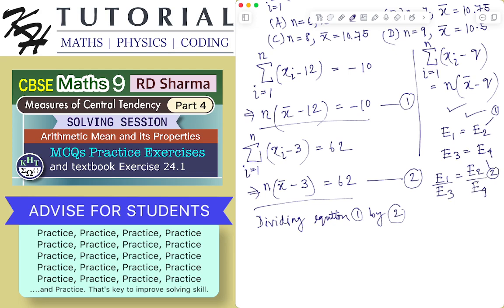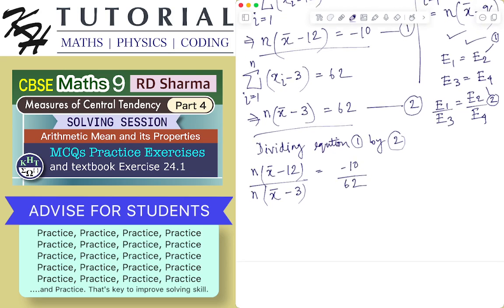Okay, so applying this concept in this problem, we get n x bar minus 12 divided by n x bar minus 3 is equal to minus 10 by 62. n cancels out. You can see I will get a linear equation in x bar. You can further simplify minus 10 by 62 as minus 5 by 31.